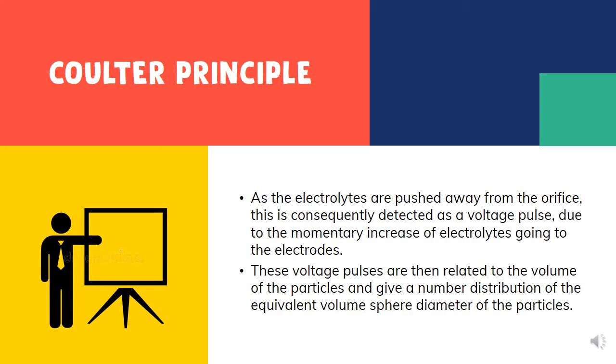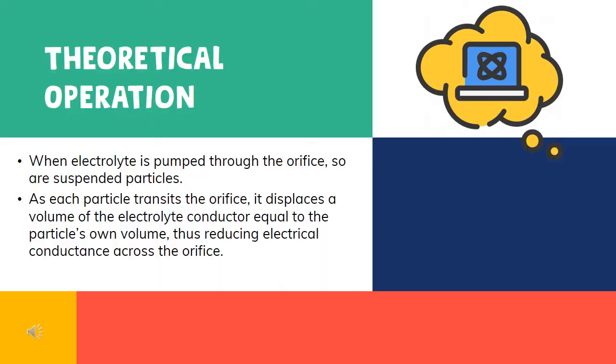As the electrolytes are pushed away from the orifice, this is consequently detected as a voltage pulse, due to the momentary increase of electrolytes going to the electrodes. These voltage pulses are then related to the volume of the particles and give a number distribution of the equivalent volume sphere diameter of the particles.